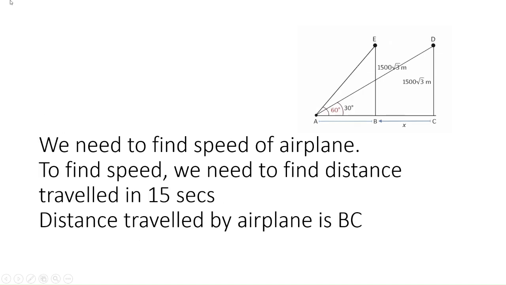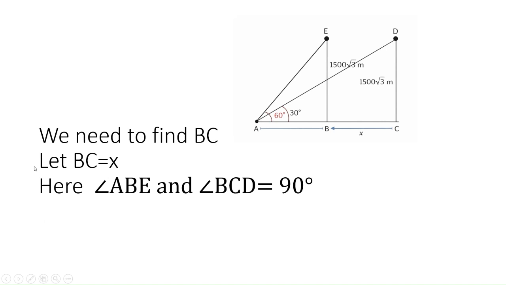Now, we need to find out the speed of the airplane. To find the speed, we need to find the distance traveled in 15 seconds. So here to here the plane has traveled. We need to find this distance BC, and let it be x.